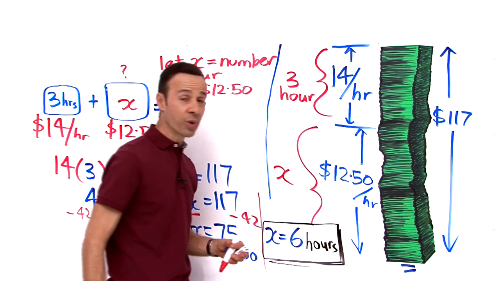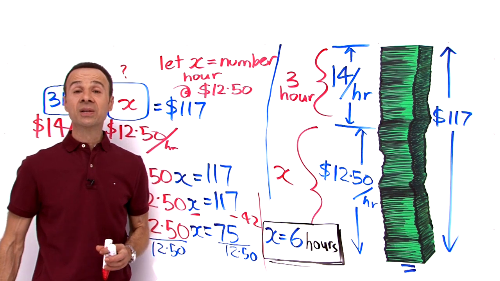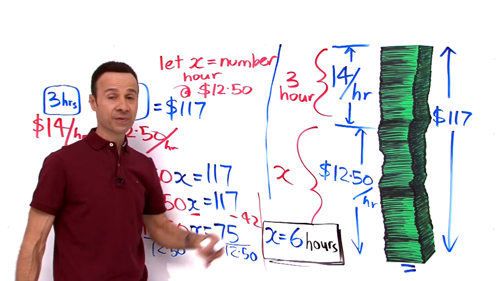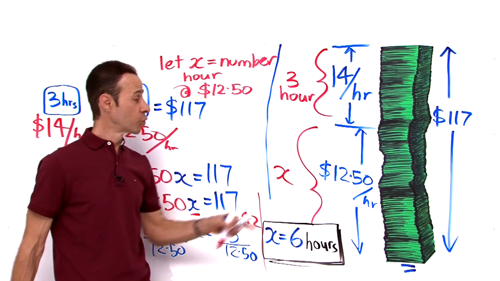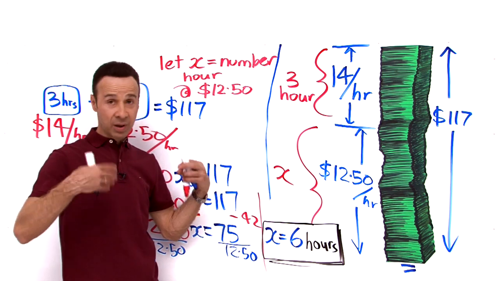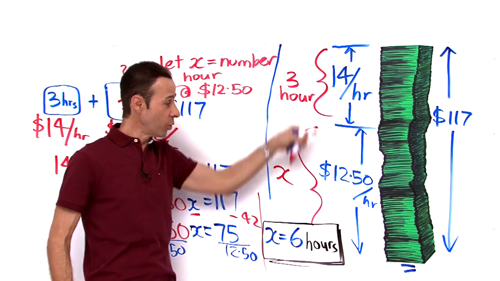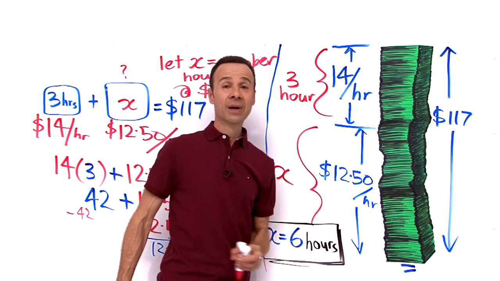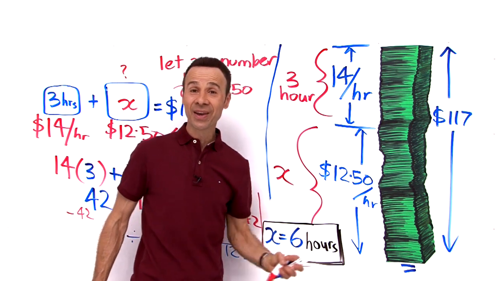So the amount he needs to work, Frank needs to work, is 6 hours at a rate of $12.50. Then you can just check it, $12.50 times 6 plus 3 times 14 all together would add up to the total amount, $117. And there you go.